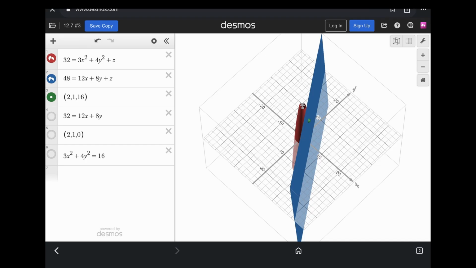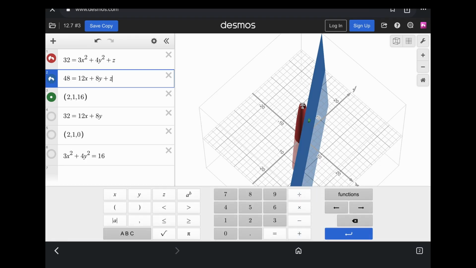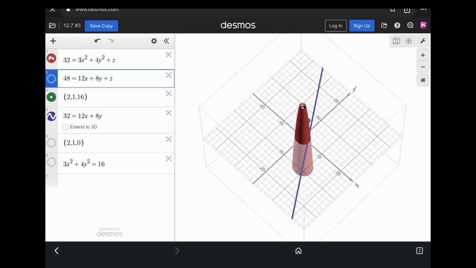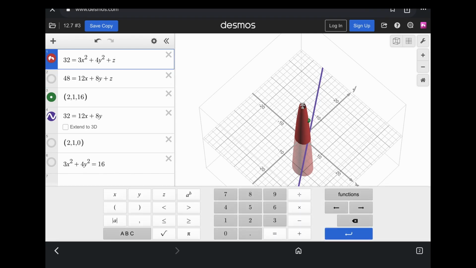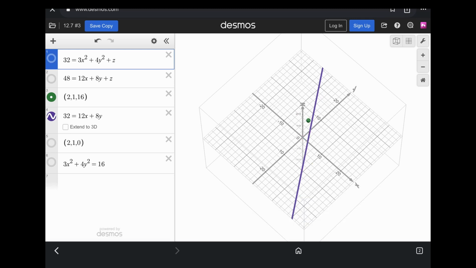However, again, a cool trick that we can do is actually replace the value of z into these two equations right here. So it'd be 12x plus 8y plus 16 equals 48. So then you would get 12x plus 8y equals 32. You subtract the 16 right here, right? And then you would subtract the 16 for this equation right here, which would be 3x squared plus 4y squared plus 16 equals 32. So then you would get 32 minus 16, right?